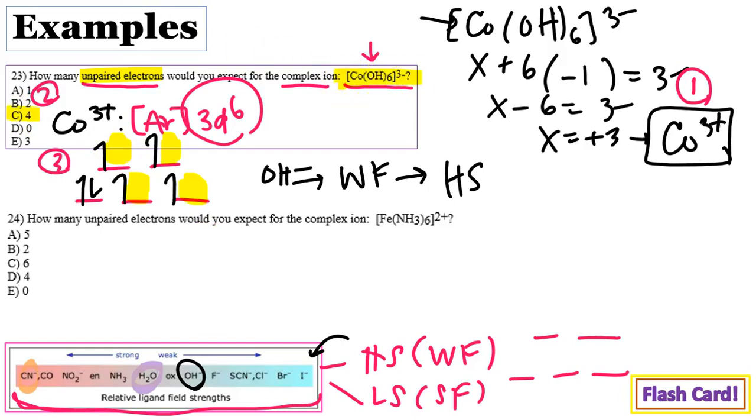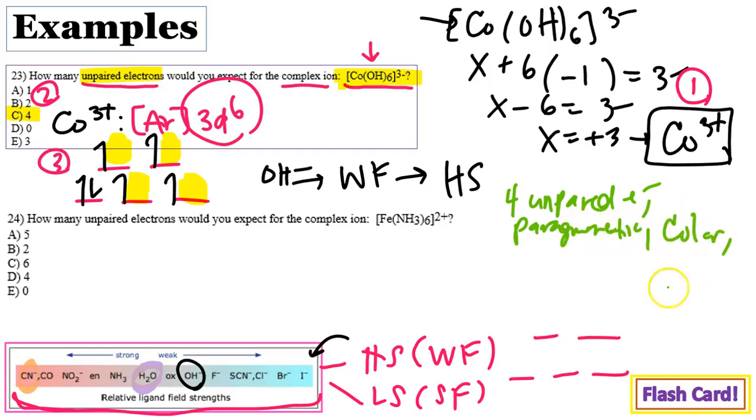Now, of course, you can go further, and I always recommend when you're doing practice to always go further. What else does this mean? It means that you have 4 unpaired electrons. It also means that you will have something that is paramagnetic, which means it can have color, right?